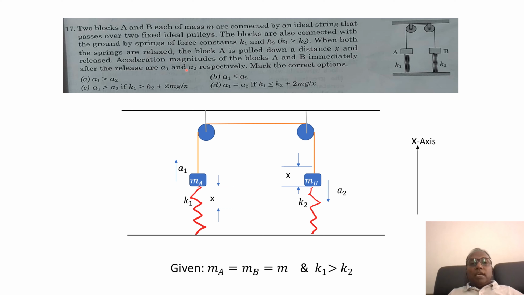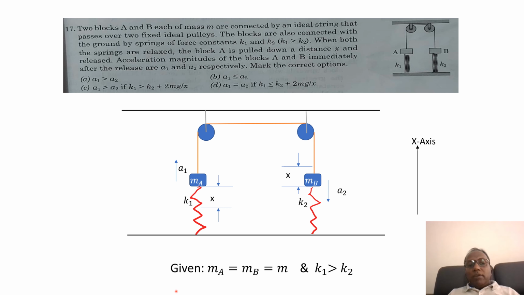Again, it is saying that acceleration magnitudes of the blocks A and B immediately after releasing are a1 and a2 respectively. So this block acceleration is a1, this block acceleration is a2. Okay. So mark the correct option. There are 4 options given and we have to find out which all options are correct because it is a multiple choice question.